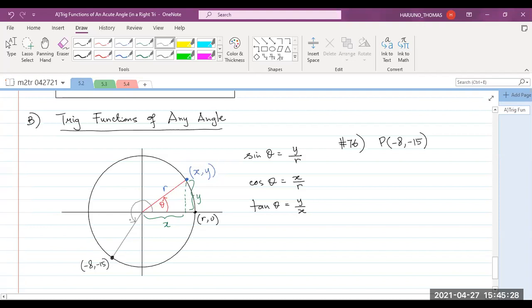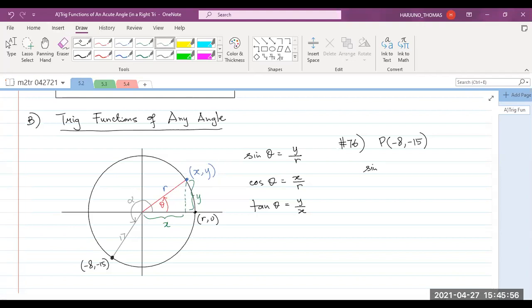Now, can you tell what the radius is by just looking at that? That's one of the triplets, right? 8, 15, 17. Now, sine of that angle, let me use angle alpha, okay?